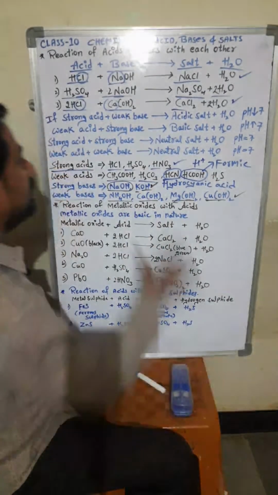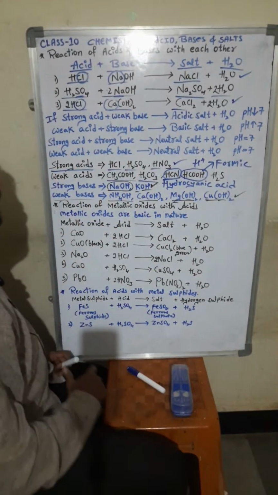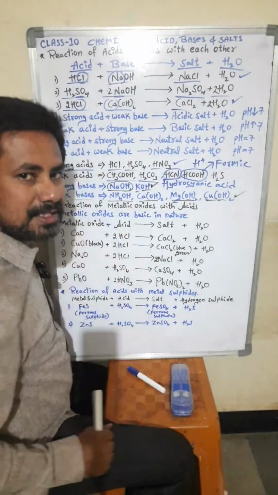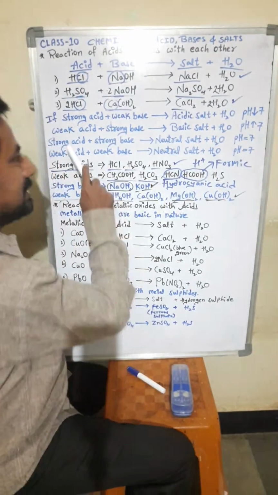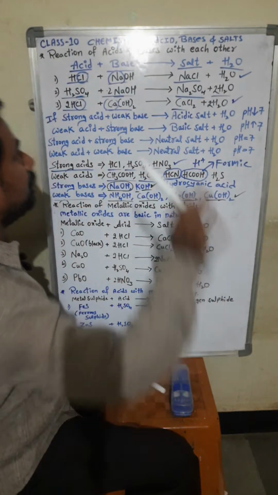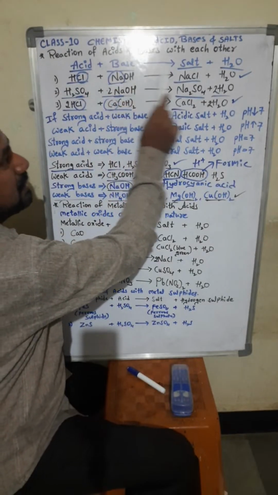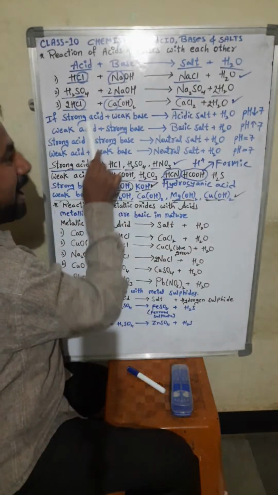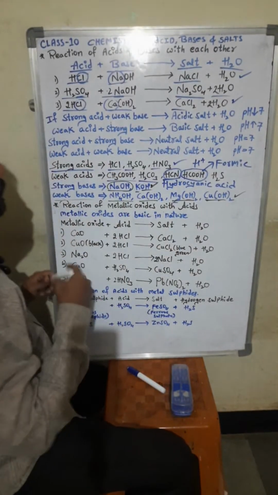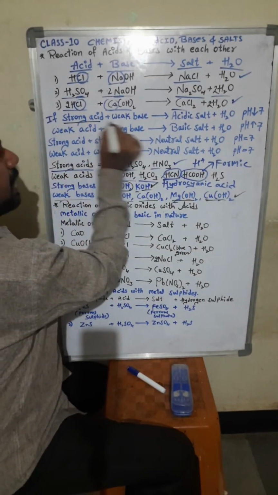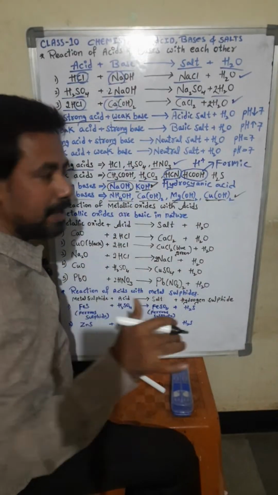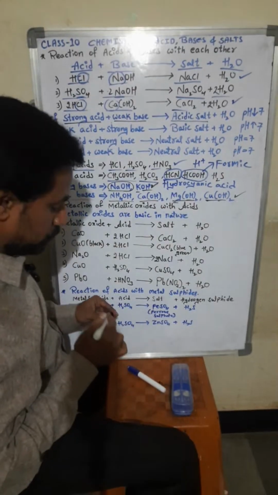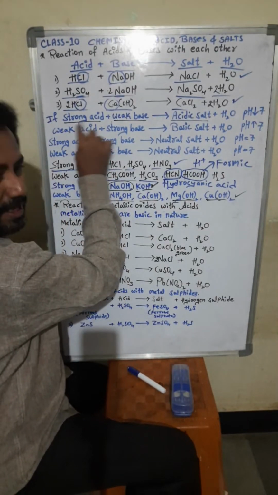Examples we have seen. Now let's see here, if we add strong acid and weak base. Acid, base, salt, water, same thing will be there. Acid plus base, salt plus water will form. But when we add strong acid and weak base, salt will form, but it is an acidic salt, students, because strong acid is there.